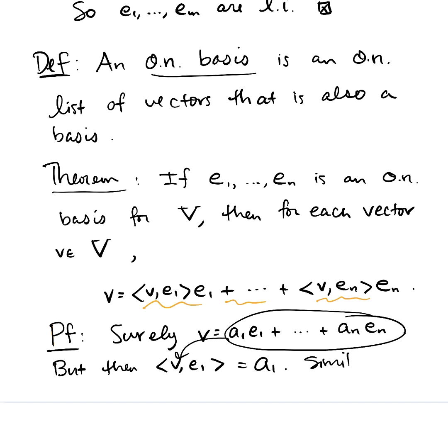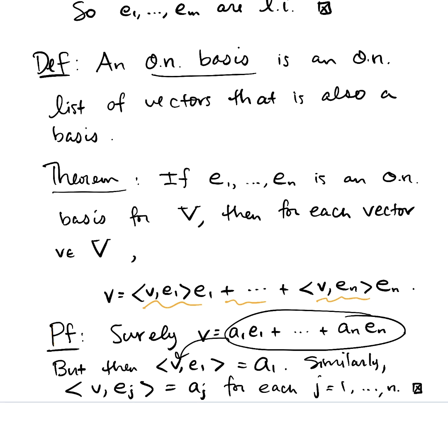Similarly, the inner product of V with any of the EJ is AJ. And that's true for each J, 1 to N. And that's what the theorem says.